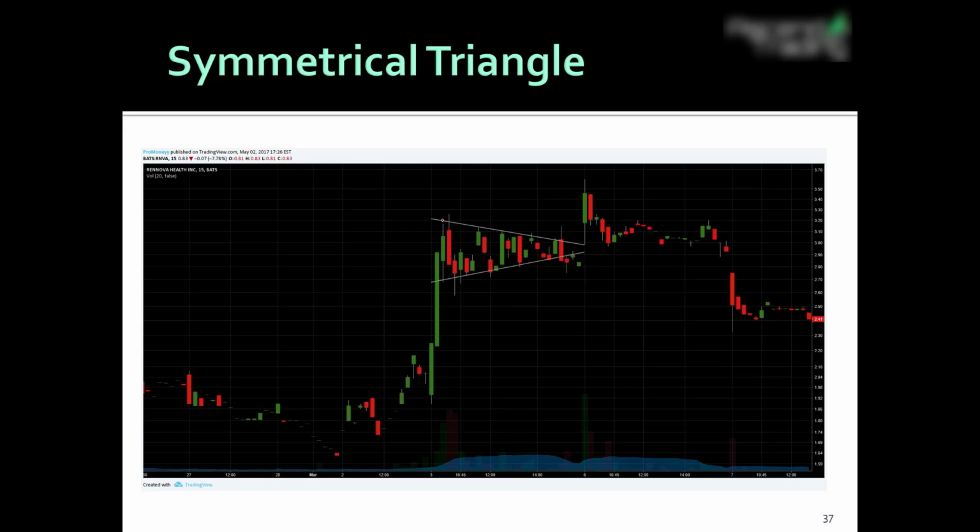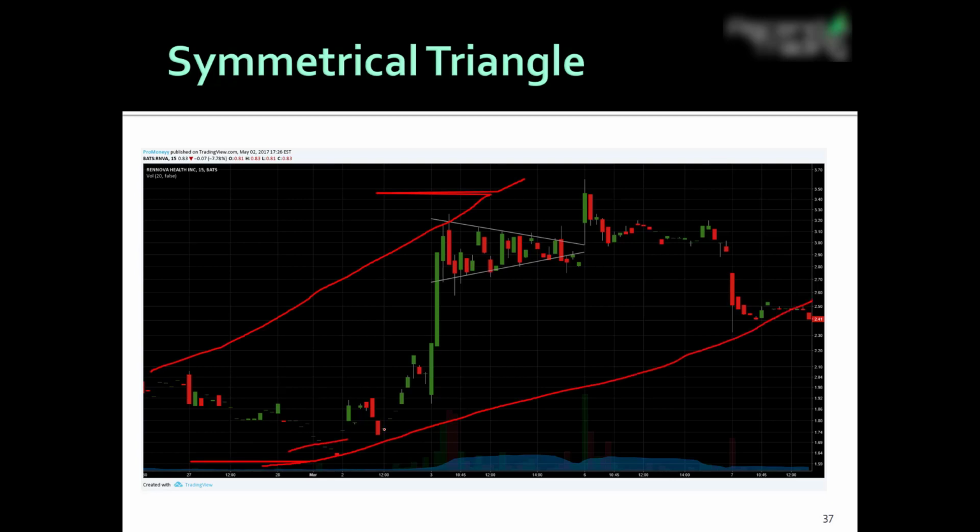For this one, there is the pole right here for the pennant, and you're identifying the predominant price trend. The best way to initiate a position is the break above the apex.